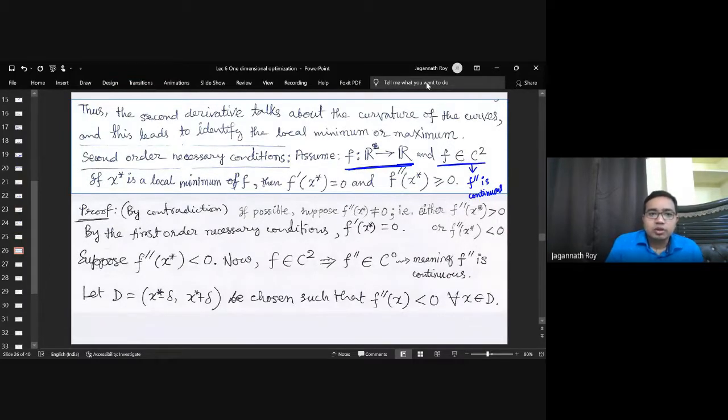And also, then x star will be called a local minimum if f dash of x is 0, and the second derivative will be greater than or equal to 0.